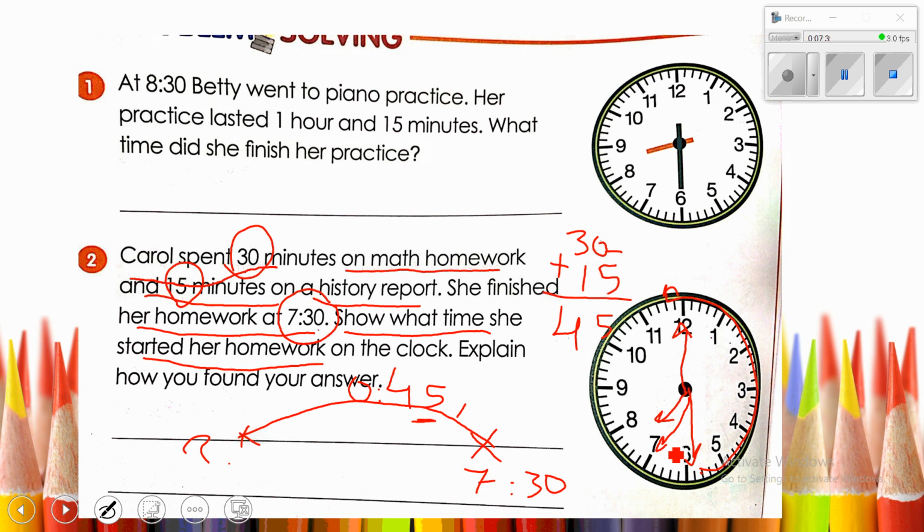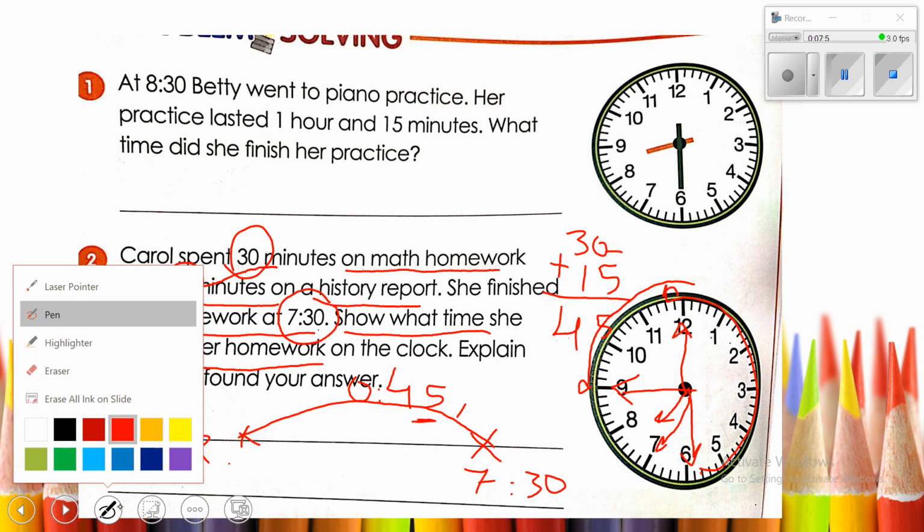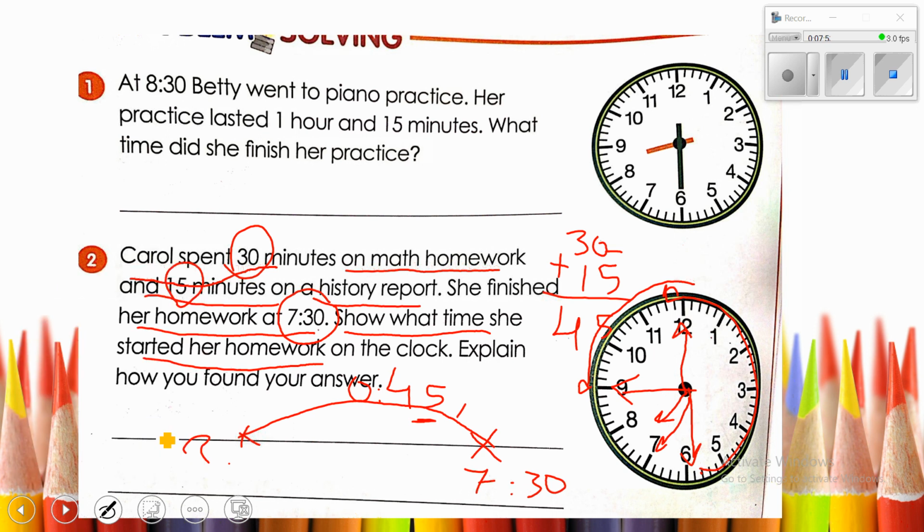Now, when the minutes go back again 15 minutes, the minute hand will be now on 9, and the hour hand was on 7, but now it will be closer to 7.